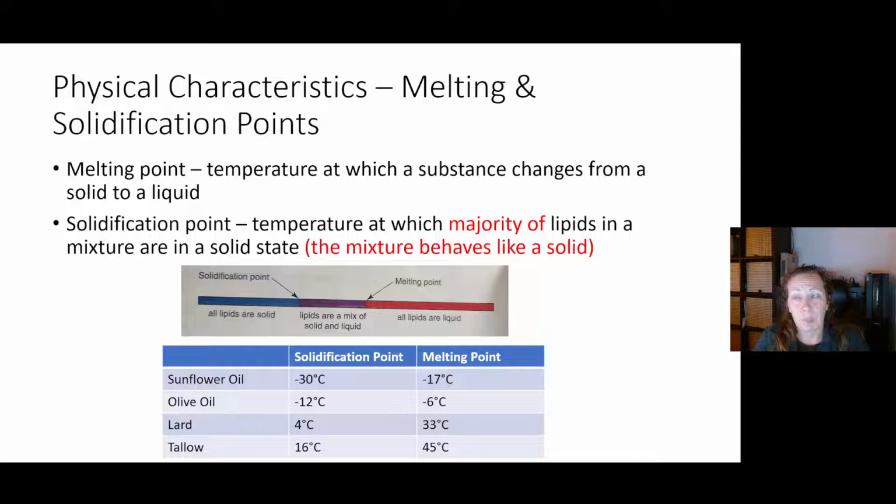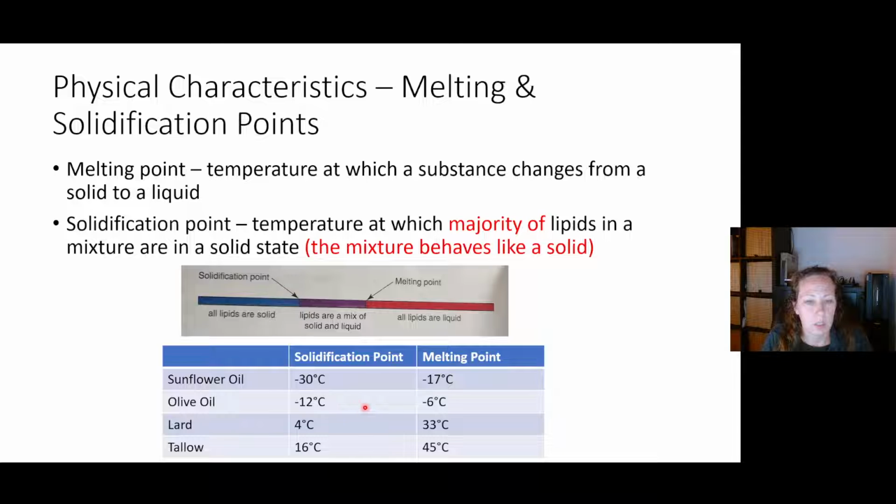But the tallow is going to be solid at temperatures well above that because arachidonic acid is such a small proportion of that mixture of fatty acids. So technically it's the majority, and technically we could say that for melting point too. Because the majority of lipids are in a liquid state, the whole overall substance changes from a solid to a liquid.